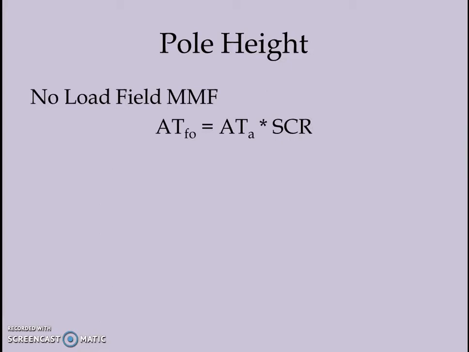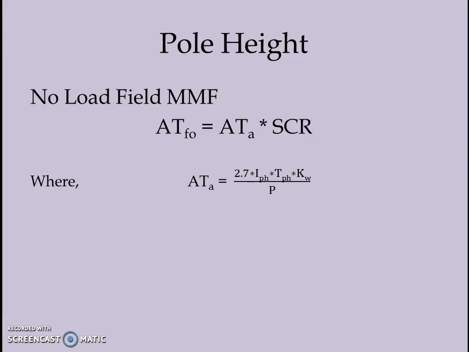So if we consider the no load field magnetomotive force, how do we calculate it? Normally it is considered as the product of the ampere turns required for the armature multiplied by the short circuit ratio SCR, or normally it can be considered as 1.7 to 2 times the ampere turns required for the armature.